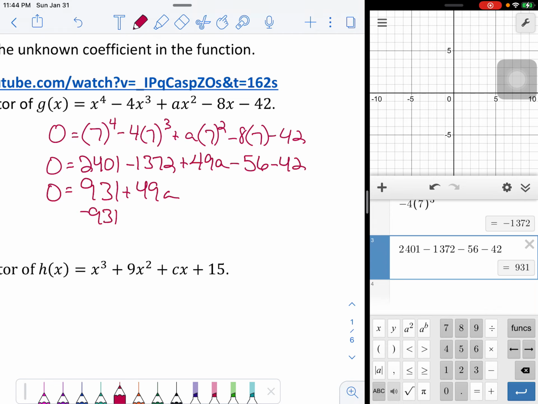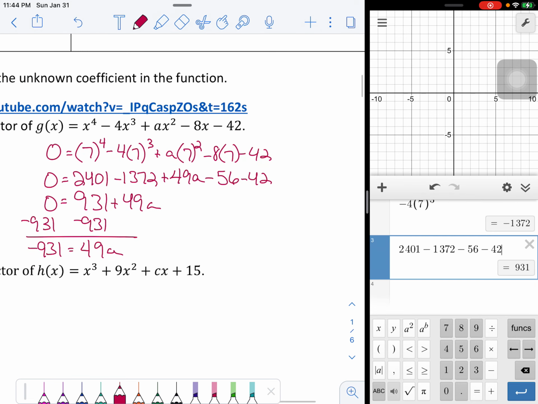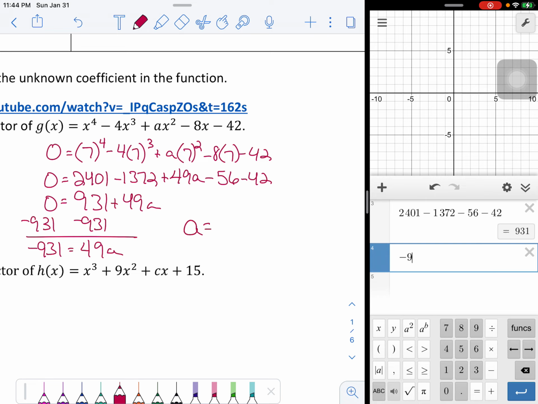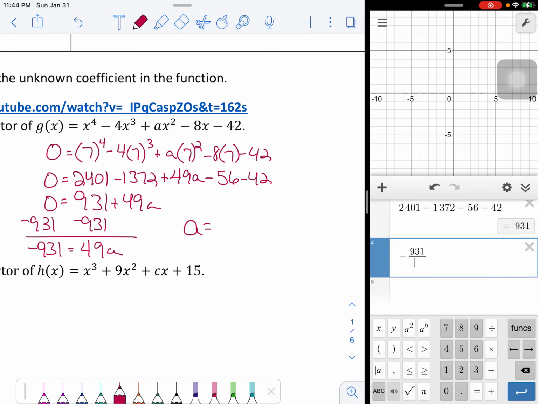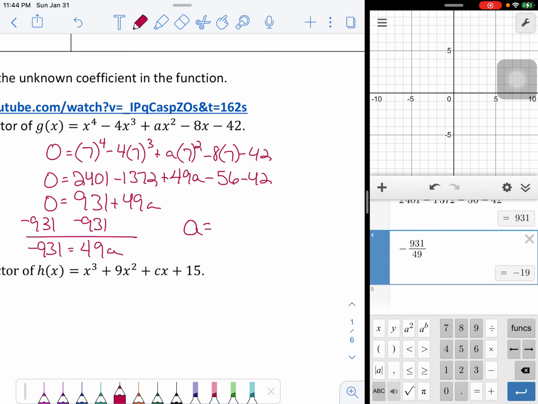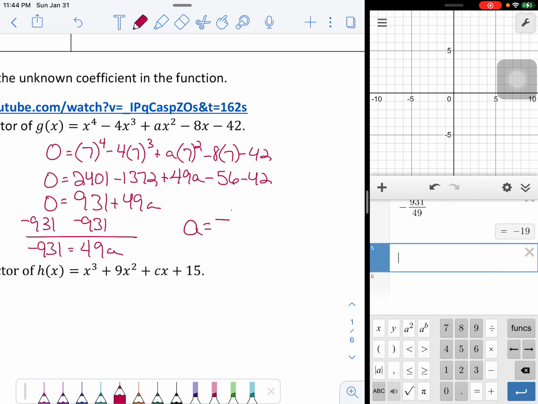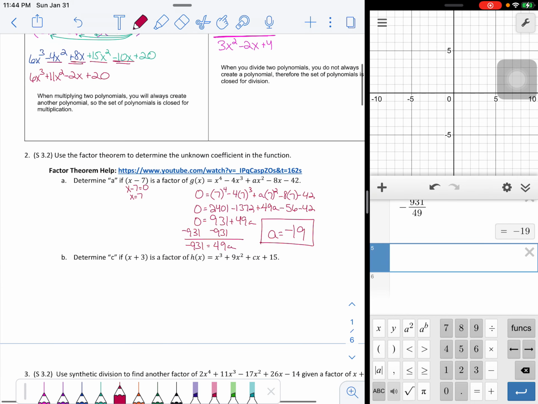So I'm going to subtract 931 from both sides. Negative 931 is equal to 49a. Divide both sides by 49. What is negative 931 divided by 49? So a is equal to negative 19. That's how you do that if you want to use the function notation.